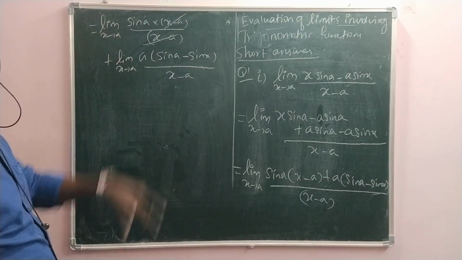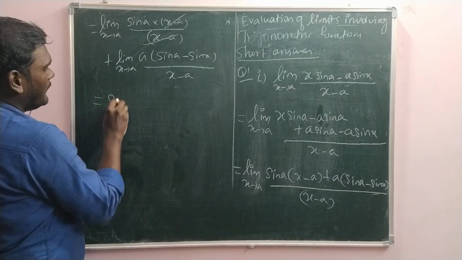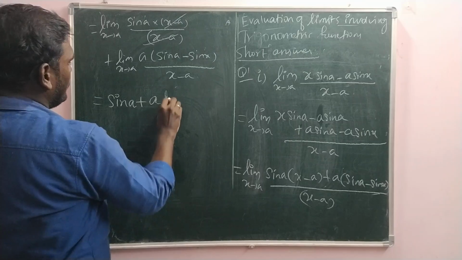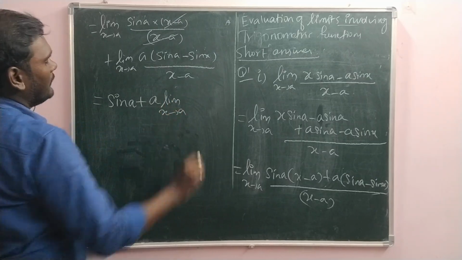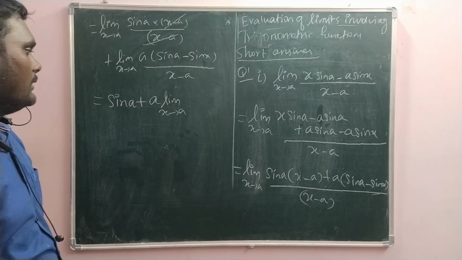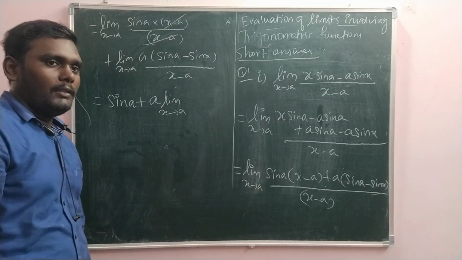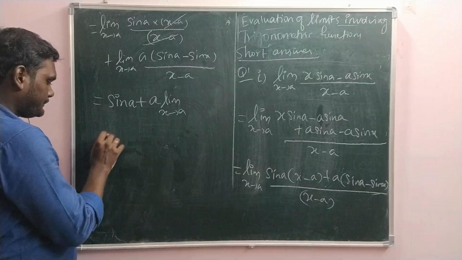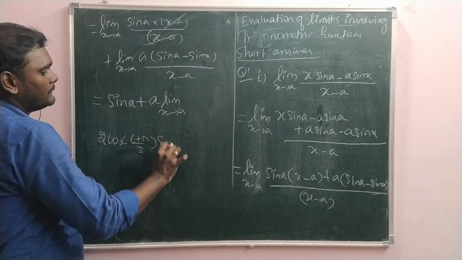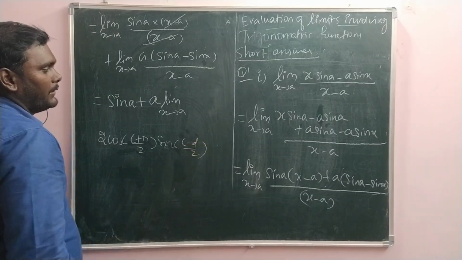There is no x to apply x tends to a, so we get only sin a in the first term, plus a into limit x tends to a. Here again if you apply a, sin a minus sin a, 0 by 0 is coming, not possible. So sin c minus sin d formula. What is sin c minus sin d formula? 2 cos c plus d by 2 sin c minus d by 2.